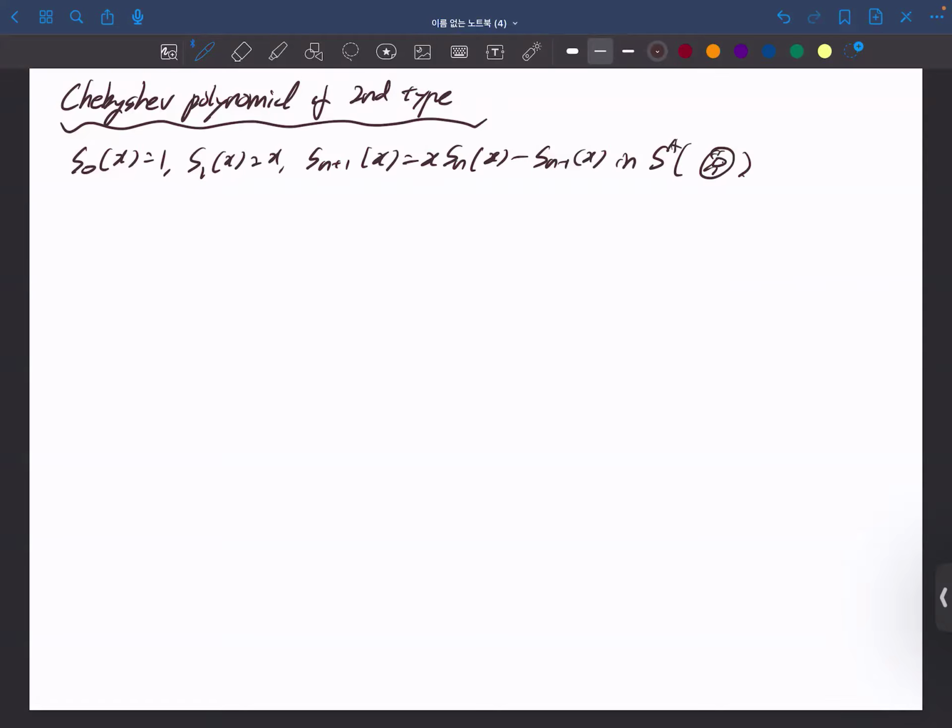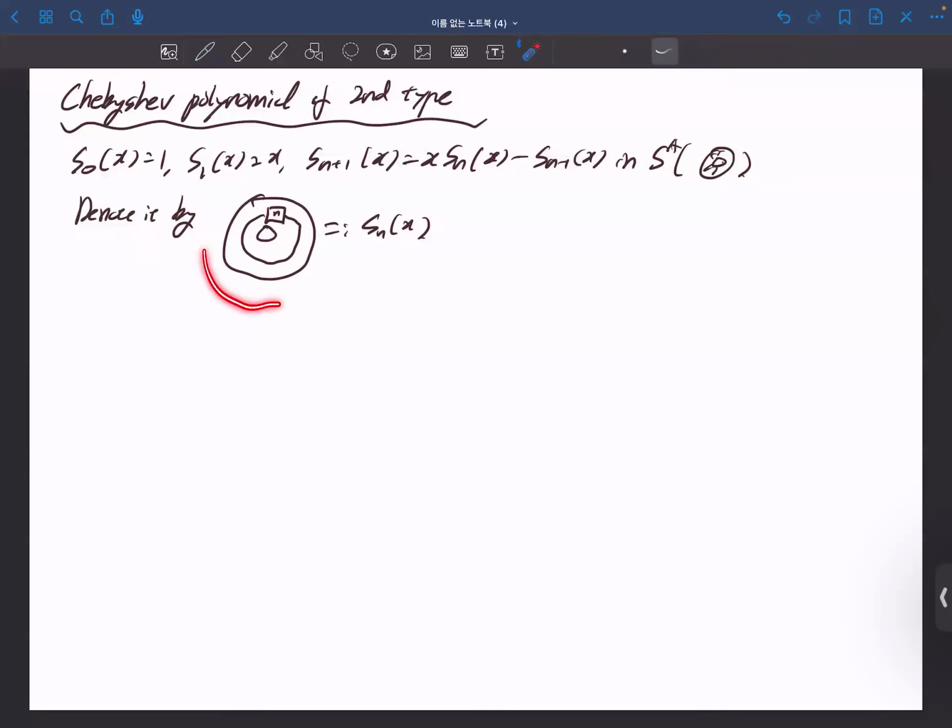And we usually denote it by such a diagram: on the annulus, one circle in the box with number n.